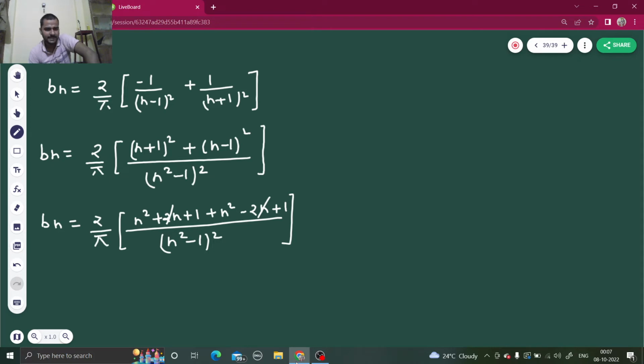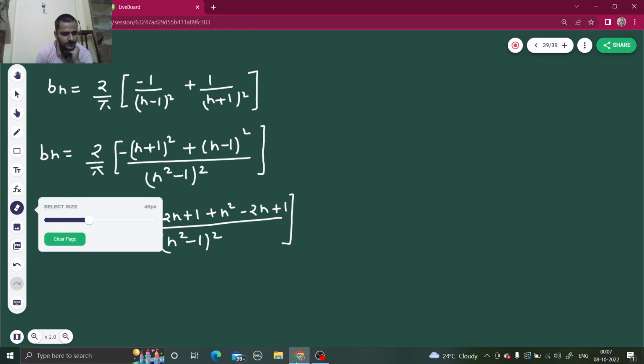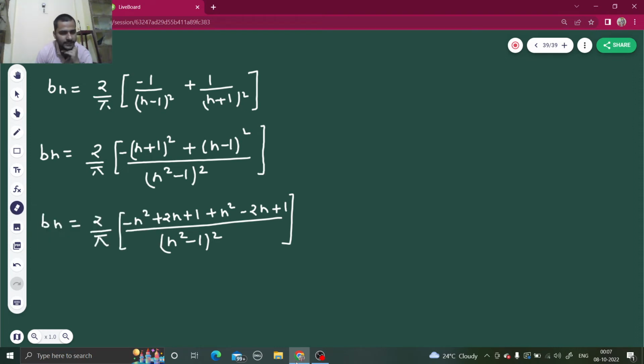And here you see n plus 1 whole square and 1 minus sign was also there, so this will be minus of this. So again some changes. First of all, this will be minus, so this term will become negative, then this term will become negative and the next term will also become negative.